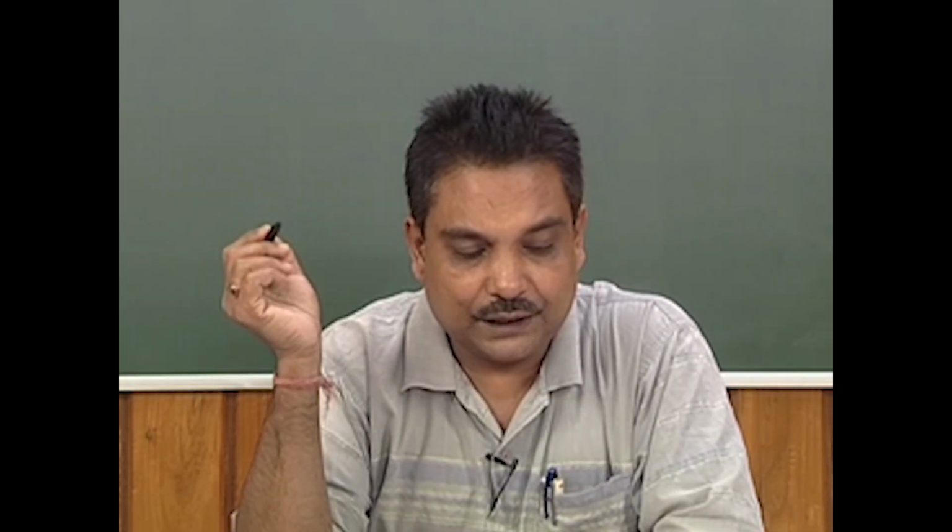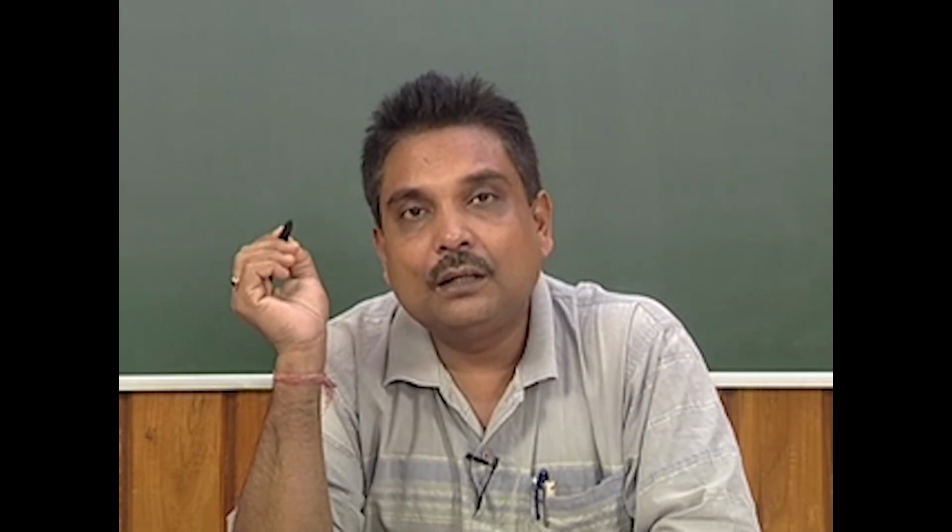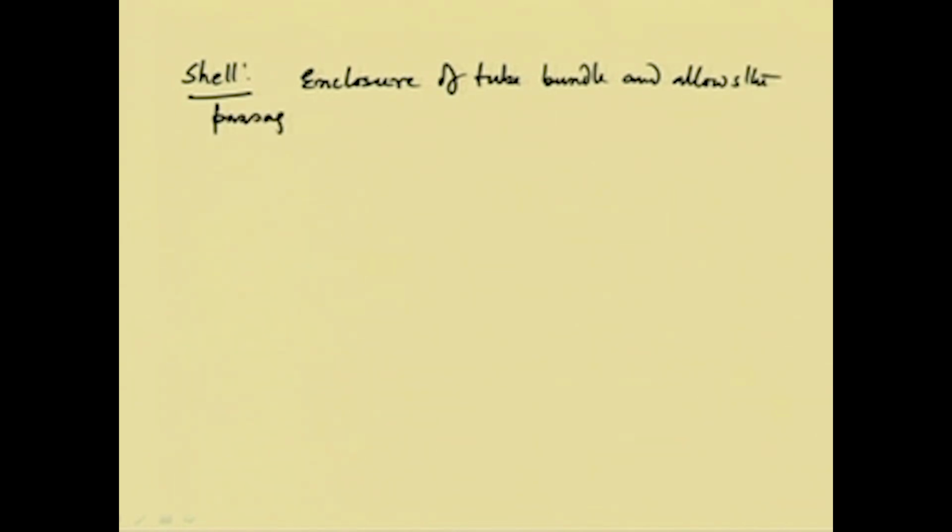First one is the shell. Shell means it is a bigger pipe. The shell is the enclosure of the tube bundle, and it allows the passage of the shell side fluid.